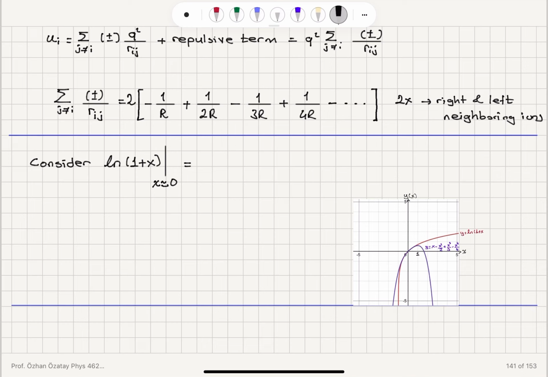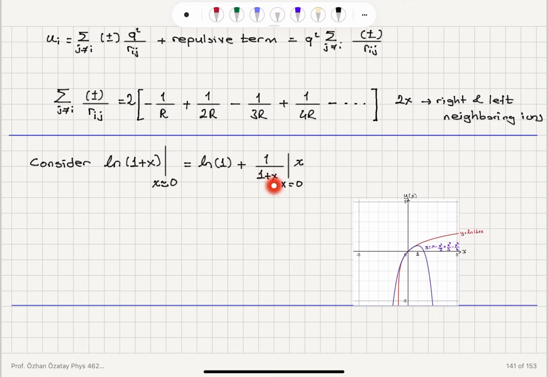The first term, we evaluate at x equals 0, and we obtain natural logarithm of 1. Then we take a derivative with respect to x, and we obtain plus 1 over 1 plus x evaluated at x equals 0 multiplied with x.